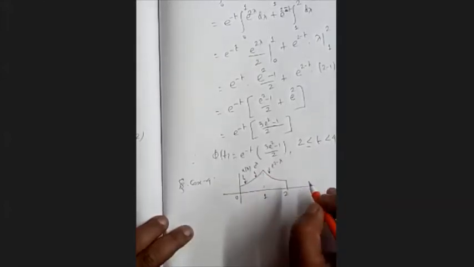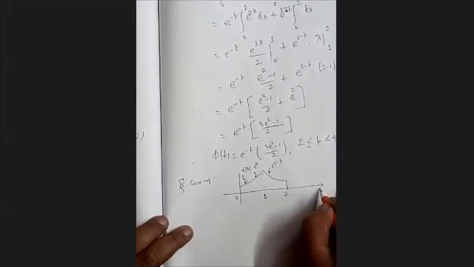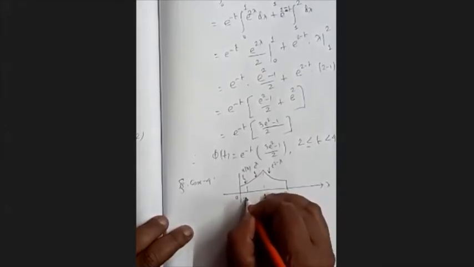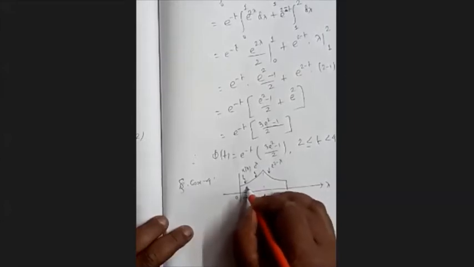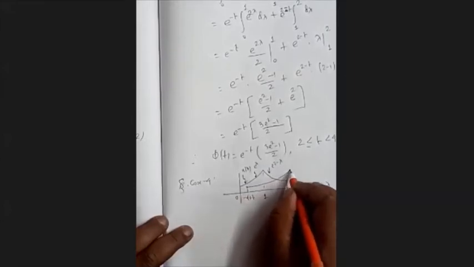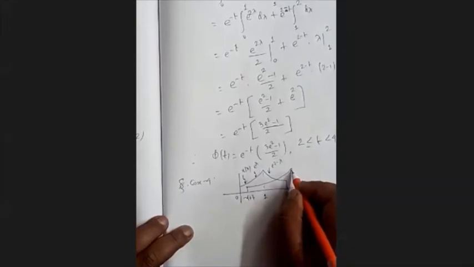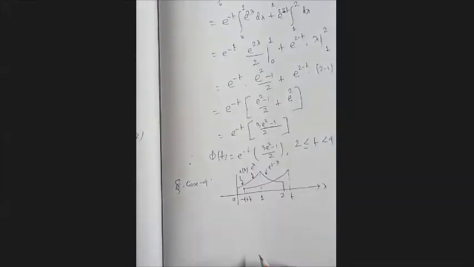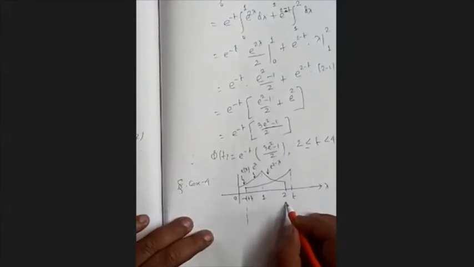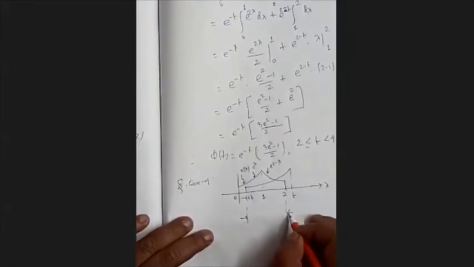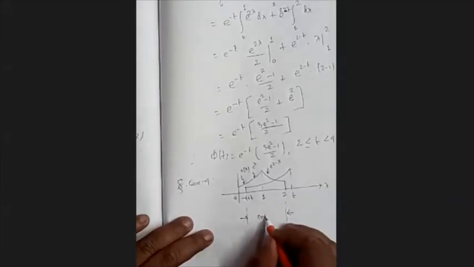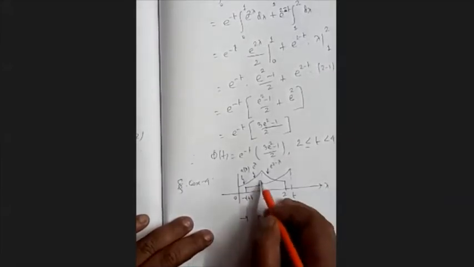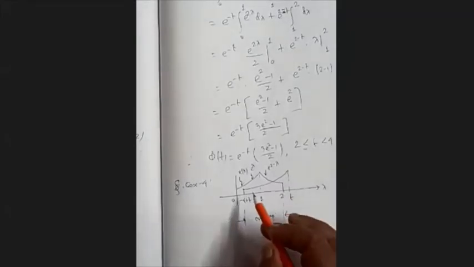Now, for the second function, it is minus 4 plus t. Now it will be going that way, t. So our overlapping will be here. That is our overlapping. So for the first part of the first function, there is a partial overlapping. But for the second part, there is a complete overlapping. The second function is gradually sliding out.